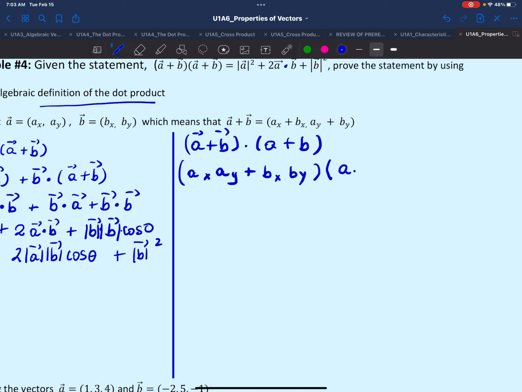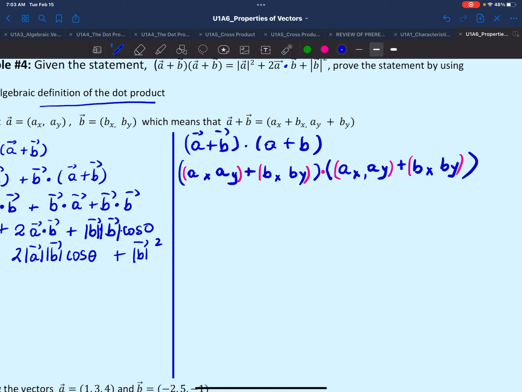Plus BX, BY. These are coordinates. So remember that these are coordinates here, and these are coordinates as well. So in order to add the two vectors, we have to do brackets first.